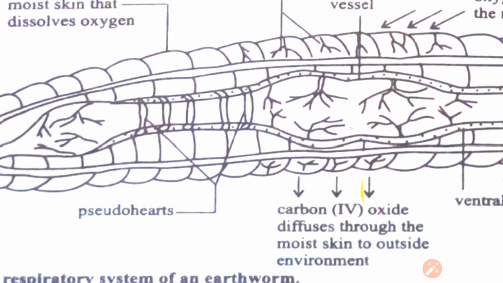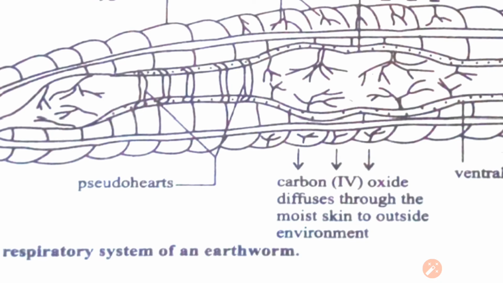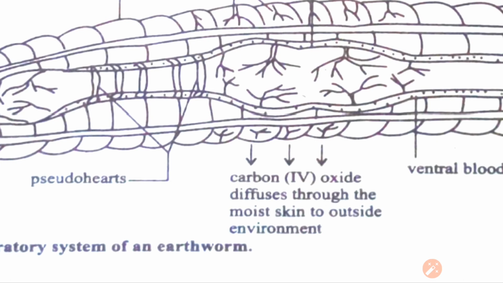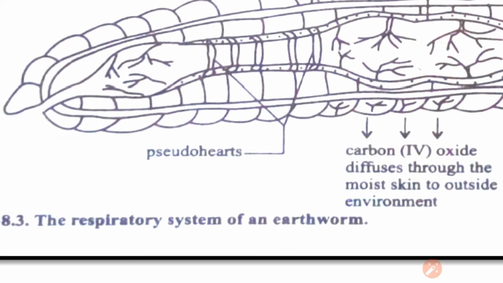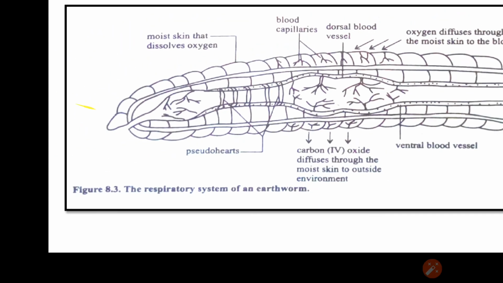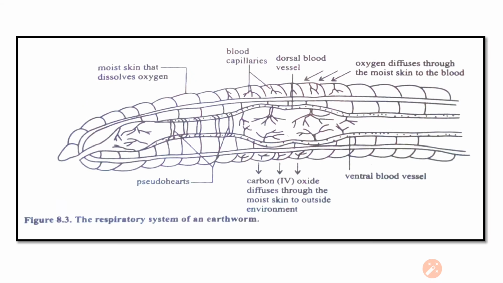And if you look downward, you see the ventral blood vessel, and then you see the region where carbon dioxide diffuses through the moist skin to the outside environment, and then you have the heart as well. It's called the pseudo heart. Okay, so this gives you the complete structure and the respiratory process of the earthworm.